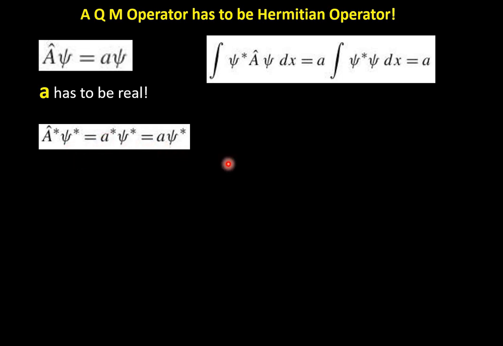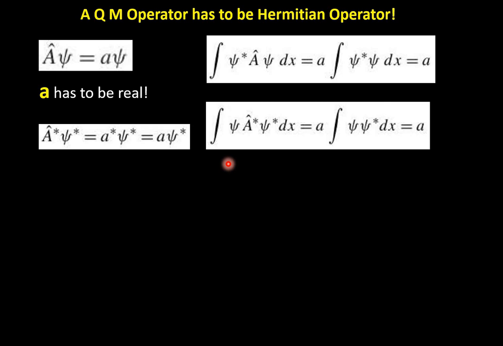Now we will left multiply again both sides of this equation by psi and integrate. So we get the integral of psi A star psi star dx is a times the integral of psi psi star dx, and again the integration is 1, so it is again a. Suppose this is equation number 2.